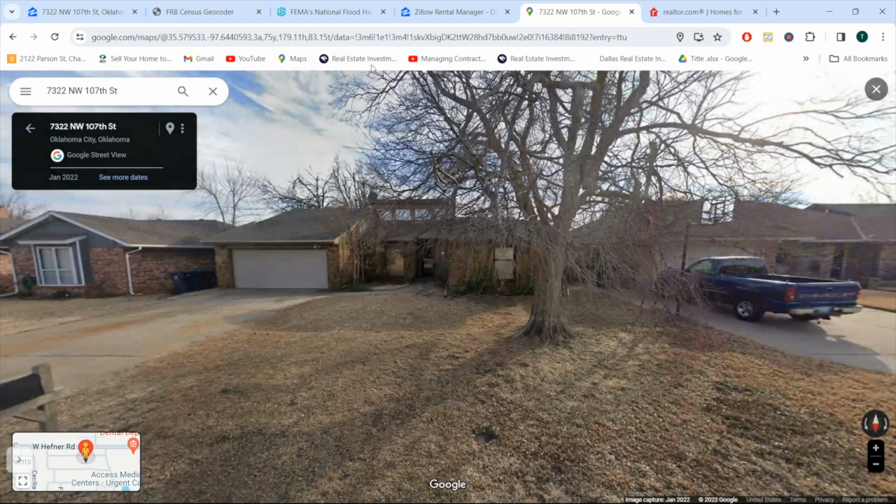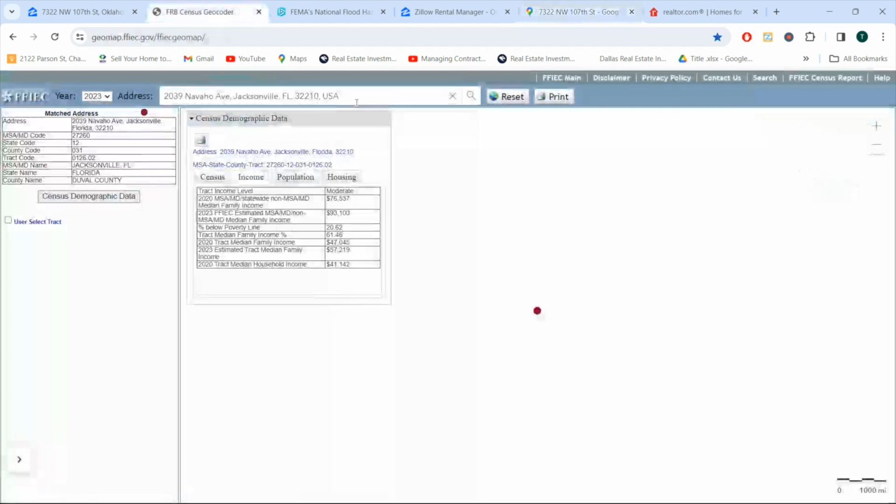Okay. The second step I want to take is to look at the median income for this property in this given area.